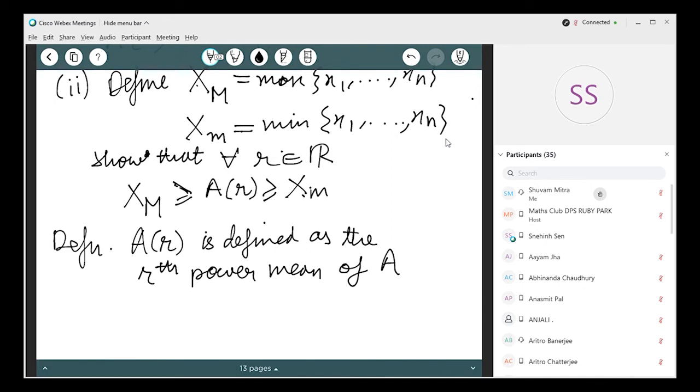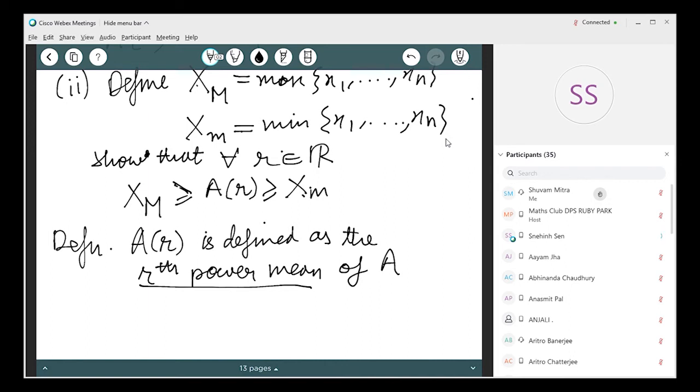It's basically an ordered tuple, so there's no restriction on elements not being equal or anything. They just need to be positive. That's important. So A_r is defined as the rth power mean of A. Or we might say we define the rth power mean of A as A_r because we have already defined A_r as a function of x1 to xn and r. We call this A_r the rth power mean.